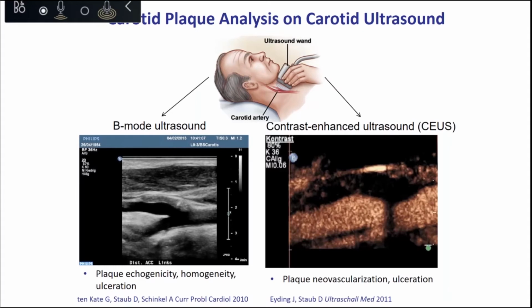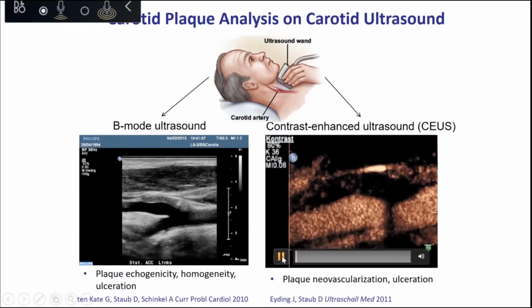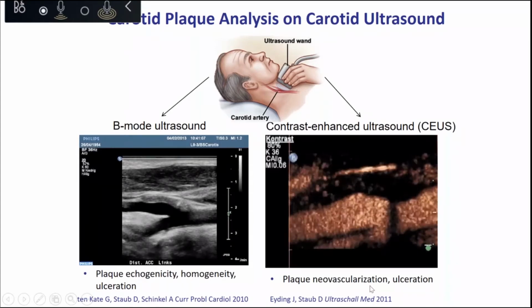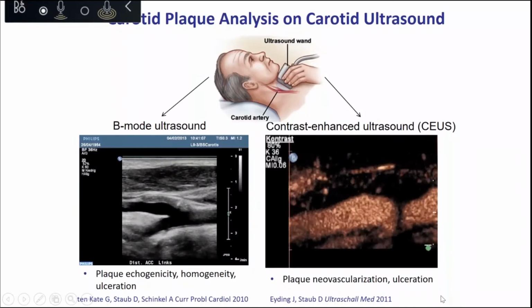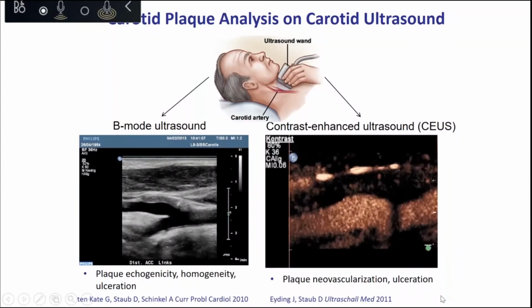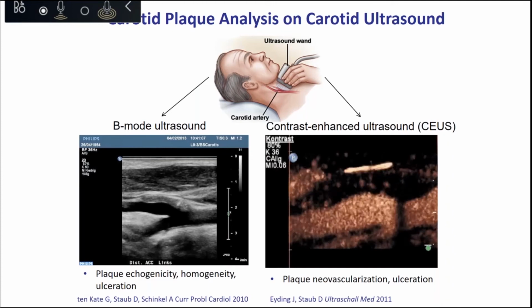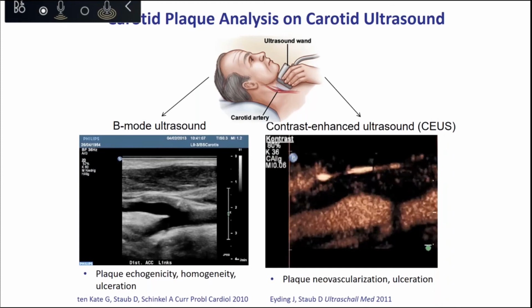Mostly the hypoechoic lesions are more vulnerable, but with contrast-enhanced ultrasound you can also see the vascularization within the plaque. You see this nicely in this example, and you can see some alteration.